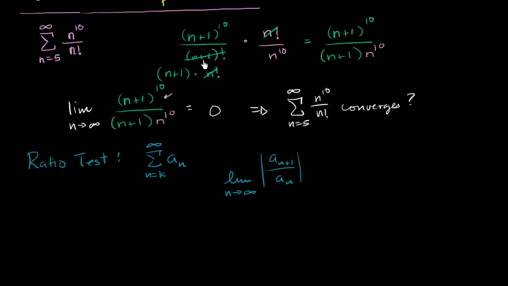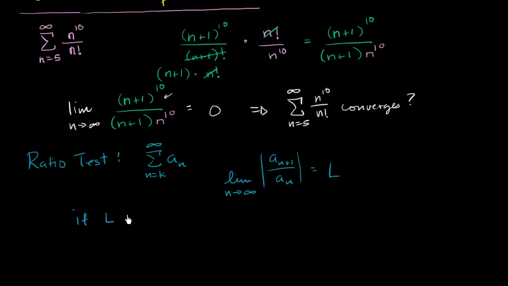And all of these terms right over here were positive, so the absolute value would be the same thing as itself. If this approaches some limit, once again, this limit is going to be our ratio between consecutive terms as n gets larger and larger.